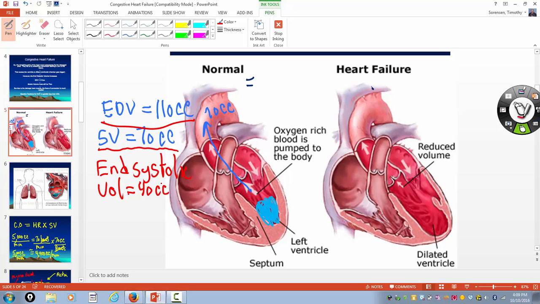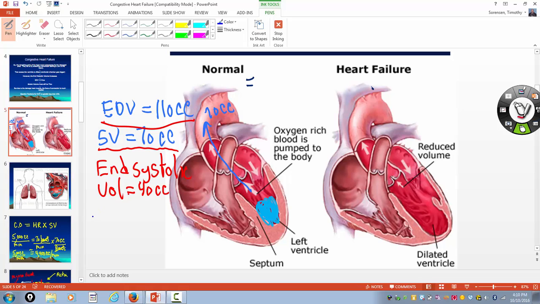Now, what cardiologists, doctors want to look at is how efficiently, how well is that left ventricle contracting, right? So they will do an echocardiogram. You can actually see blood flowing through the valves and through the ventricles. So they can estimate how well the left ventricle is contracting.